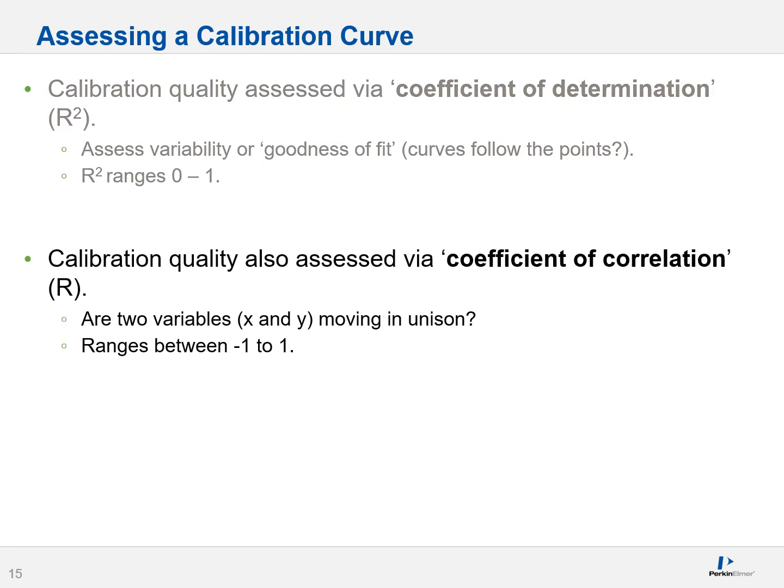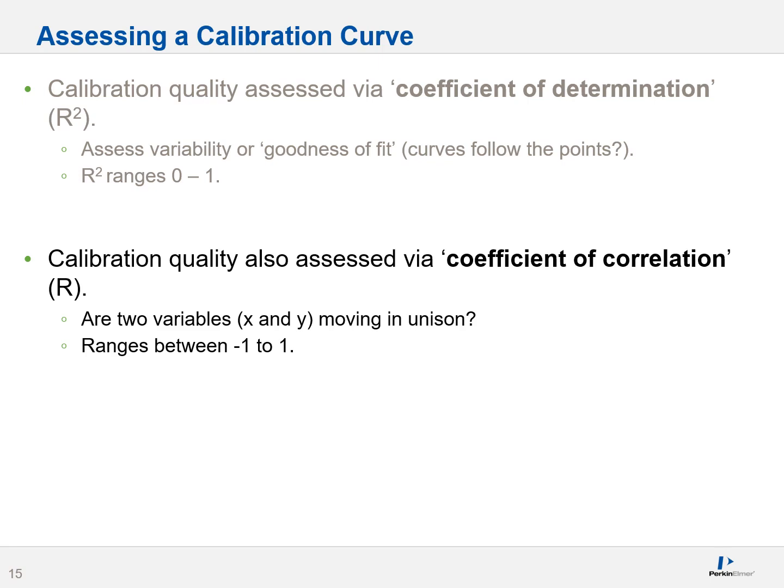Calibration quality can also be assessed by something called the coefficient of correlation, or simply correlation coefficient, also known as R. I should point out I've seen this confused quite often. I've seen R squared referred to as coefficient of correlation, etc., vice versa. No, R squared is simply saying, are my curves following the points?